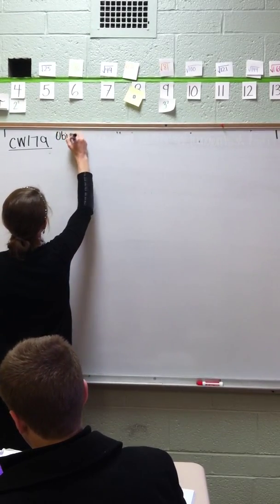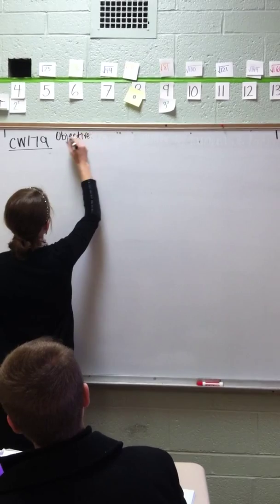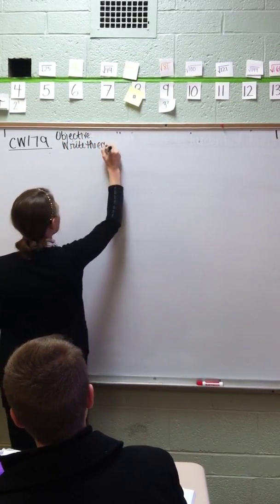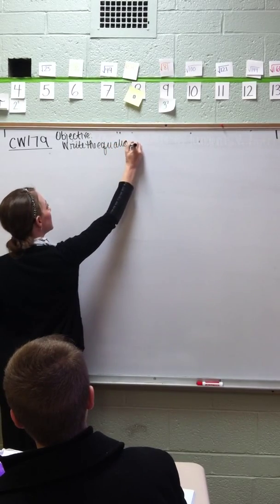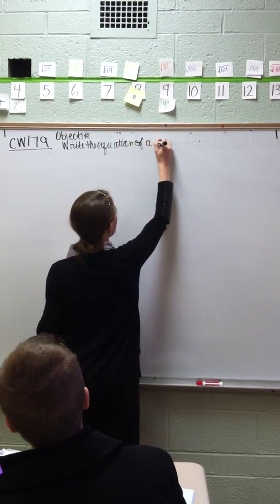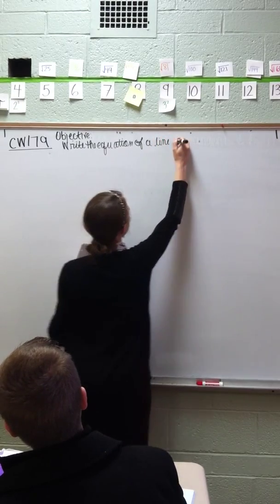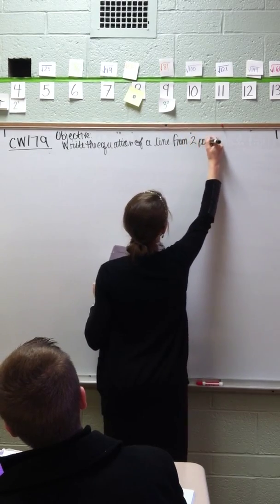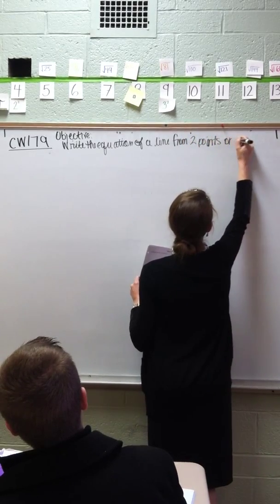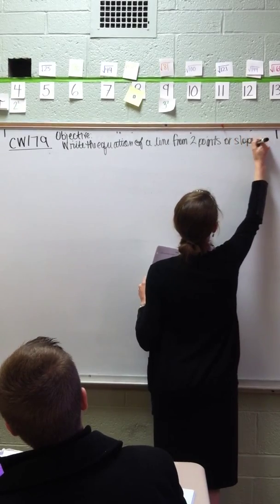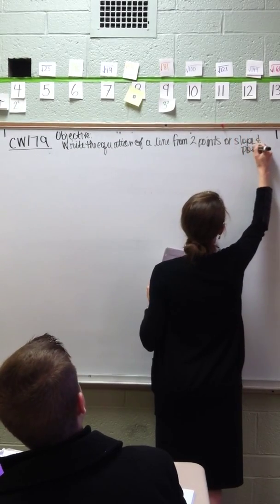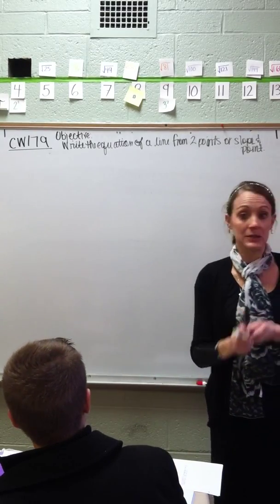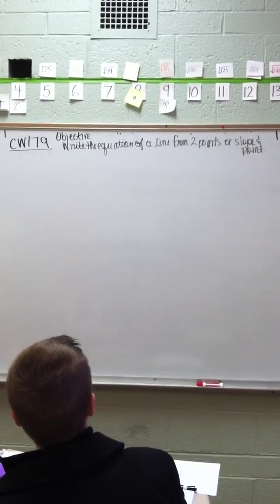Objective: write the equation of a line from 2 points or slope and a point. Okay? It doesn't look like it's good yet on this entrance slip this morning.